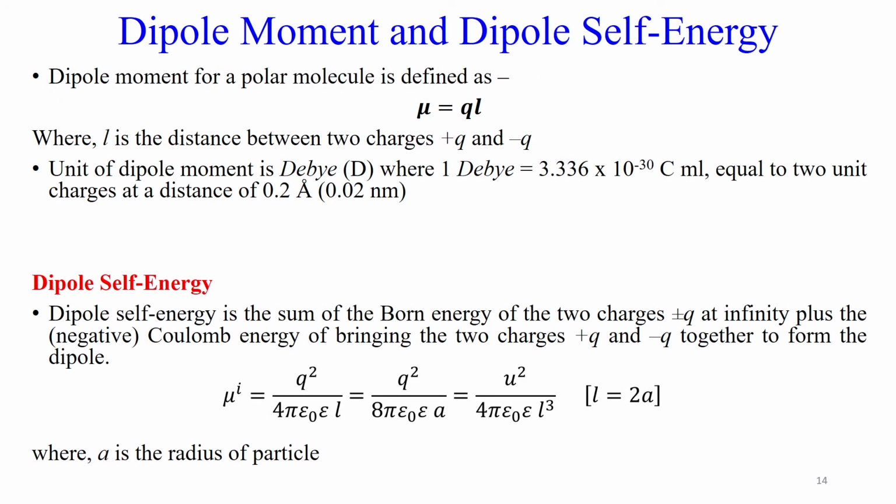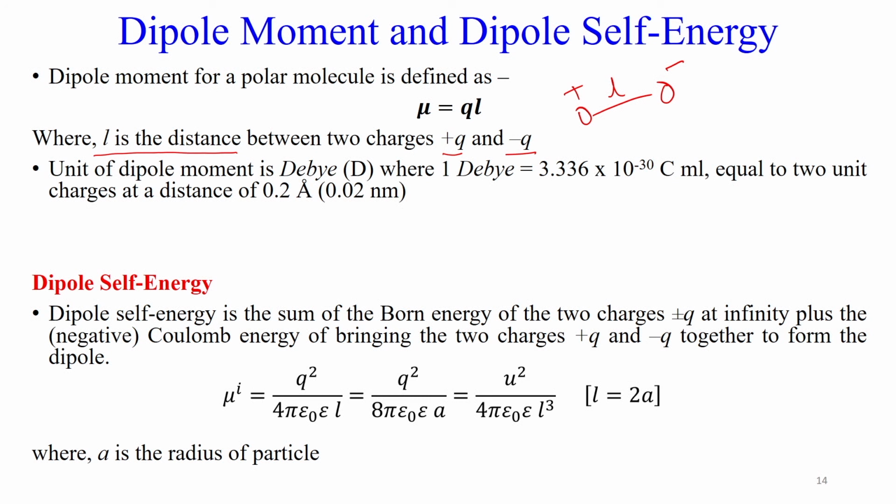So, the dipole moment of a polar molecule is defined as mu is equal to q into L, where q is the charge, one is plus q, the other is minus q, and L is the distance between the two charged molecules.